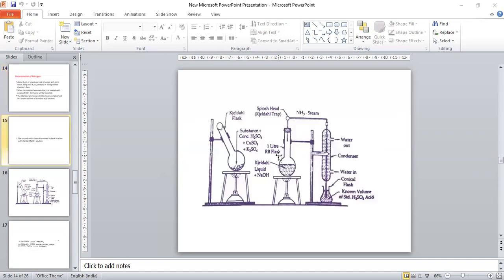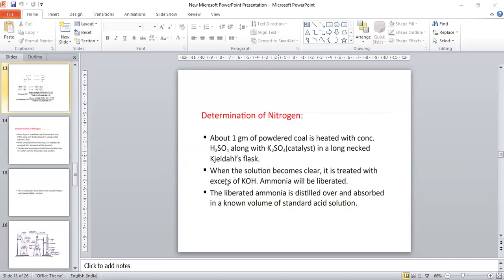When the solution becomes clear, it is treated with excess of potassium hydroxide. Whenever this potassium hydroxide is added to this solution, it will liberate ammonia.